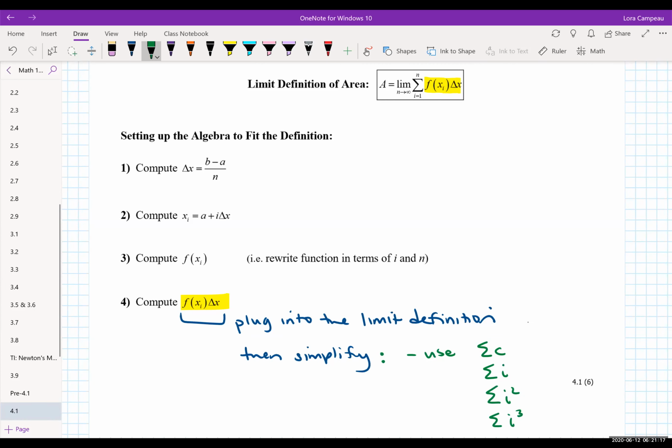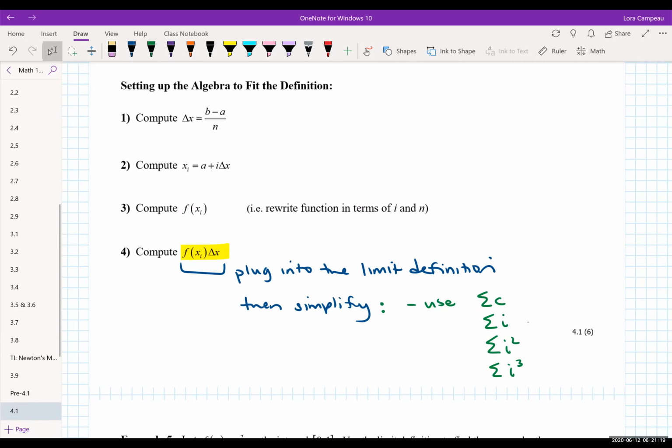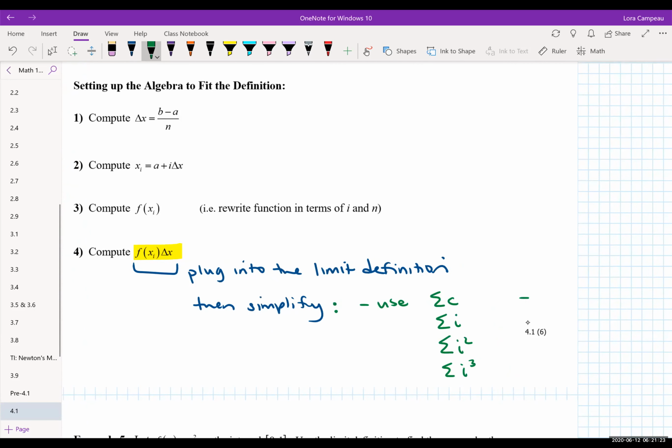Remember those formulas we went over in the preliminary work? That helps us with the simplifying, and also, we invoke Bill Gates again. Bill Gates' principle.